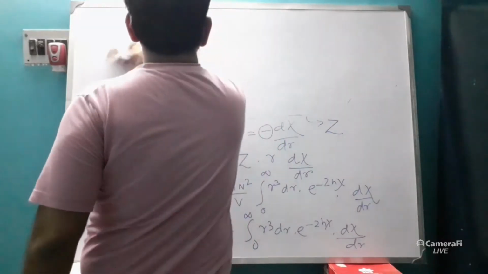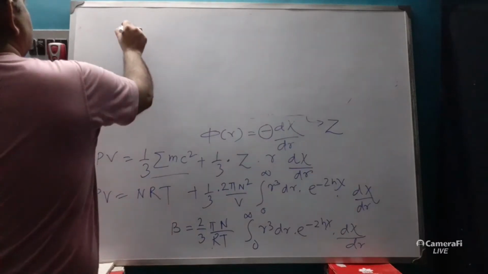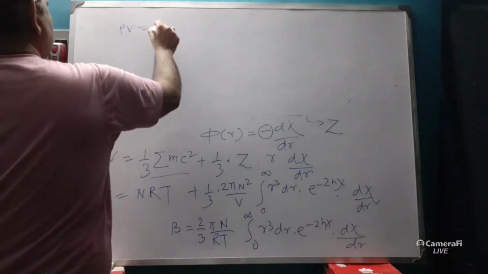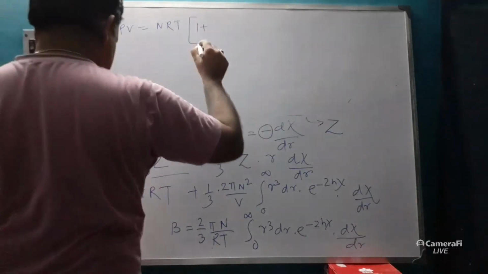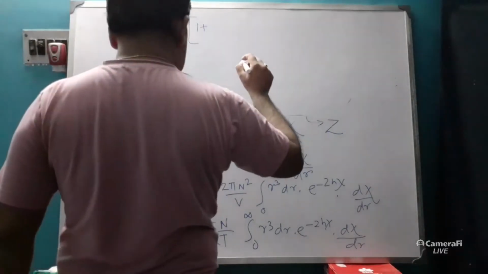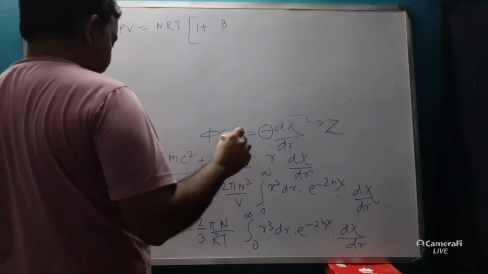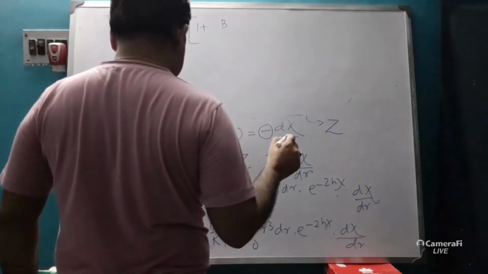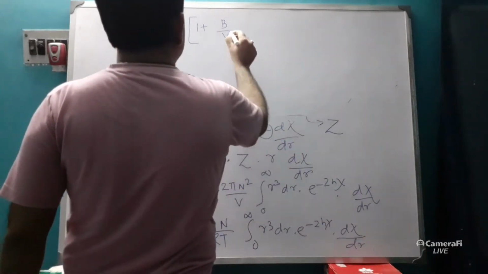So if B is this, we can rewrite this equation as PV is equal to nRT (1 plus B by V).